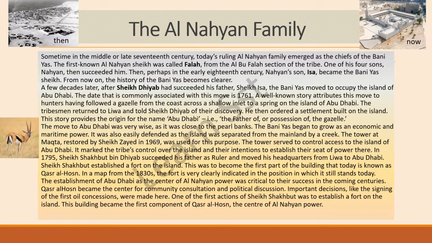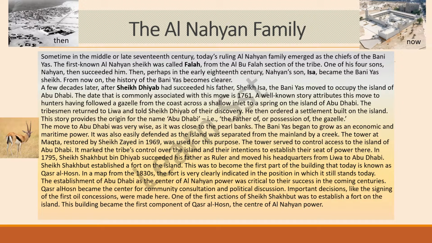One of them was Nahyan, who succeeded him, who took over after the death of Sheikh Fala. And then slowly and steadily you have the Nahyan family. Then his son, Isa, became the Sheikh of Bani Yas.